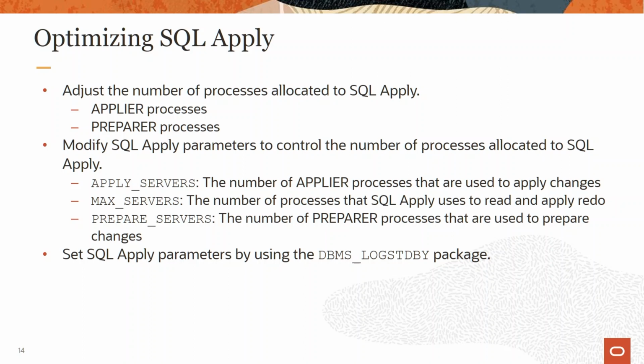The preparer process must convert redo into LCR, logical change record, and it can also filter conditions, and it can enqueue the filtered LCR entries into memory. So it does a large amount of work.